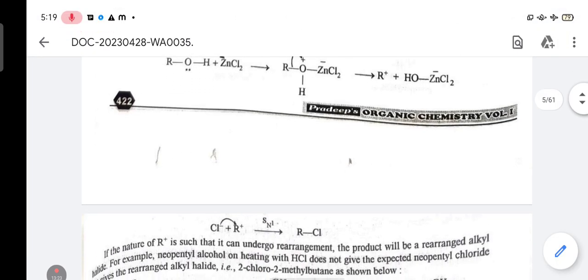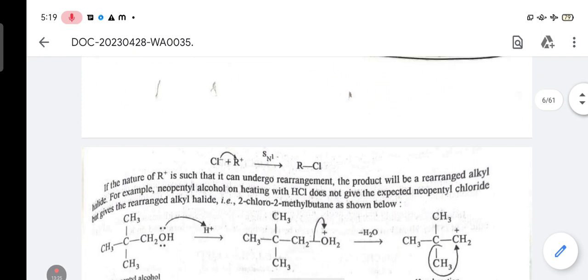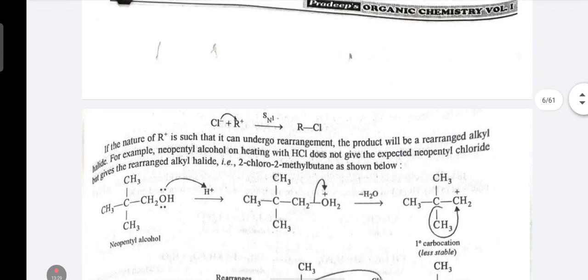After that, the carbocation reacts with the halide and it follows the SN1 reaction, forming alkyl halide. If the nature of the alkyl ion is such that it undergoes rearrangement, the product will be a rearranged alkyl halide.